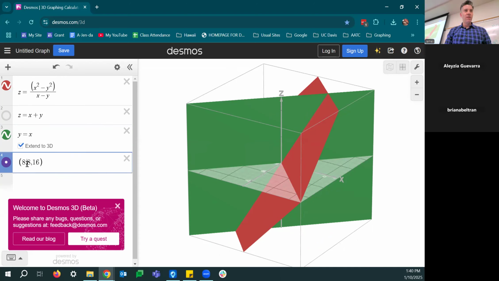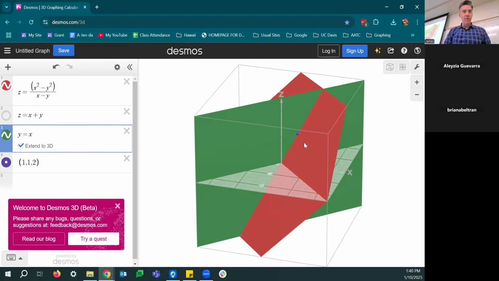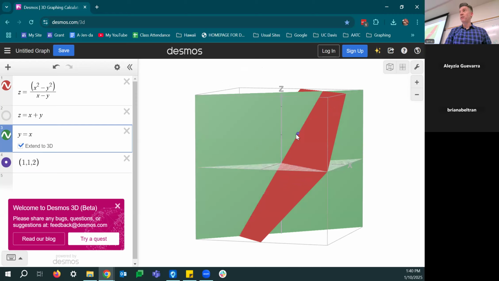Let's go small. So instead of 8, 8, 16, let's pick 1, 1, 2. You can see, hopefully, there's that point. So the limit as x, y approaches 1, 1 would be 2, even though that point isn't actually on the surface.